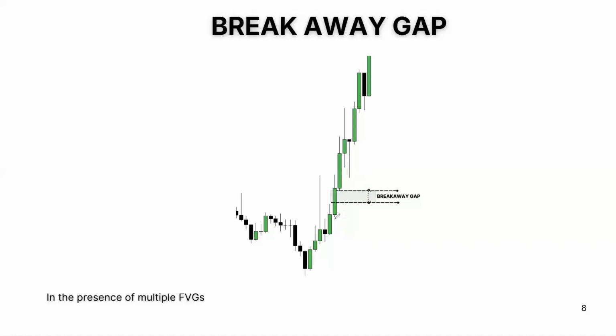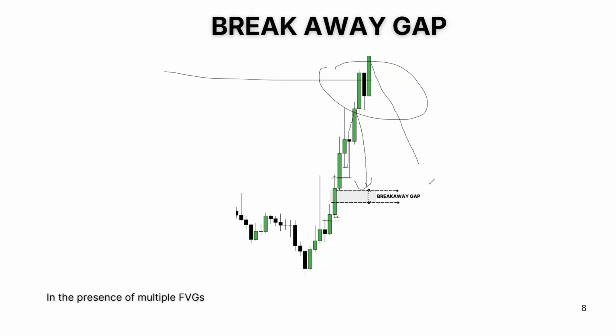Now, the last way to know is if price creates multiple fair value gaps, all right, and then fills just the most recent fair value gap and expands higher or lower, whichever direction, leaving these fair value gaps open. You want to treat them as what? Breakaway fair value gaps. So once you see price expanding away after filling the most recent fair value gap, all right, and starts coming lower again, already it's a telltale sign that most likely the objective above has been achieved, and then the institutional order flow has changed for the time being.